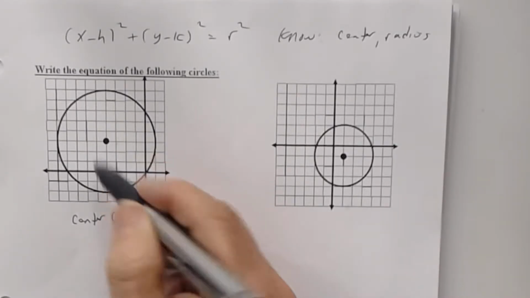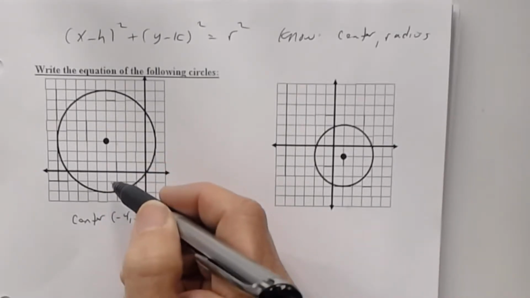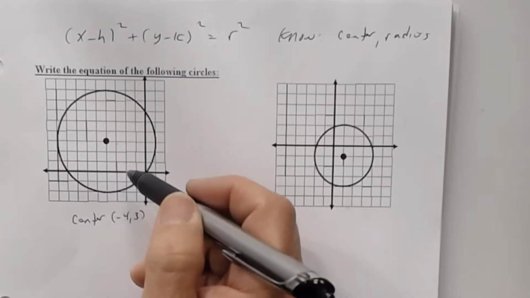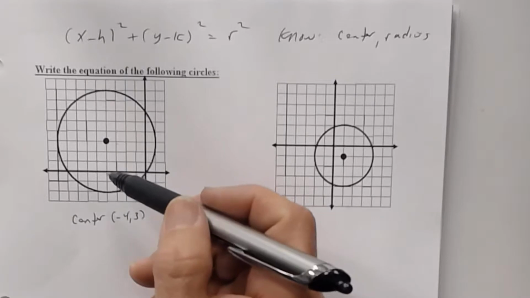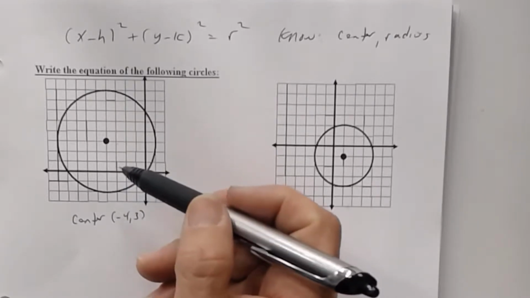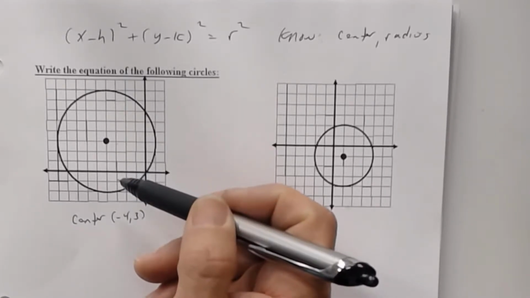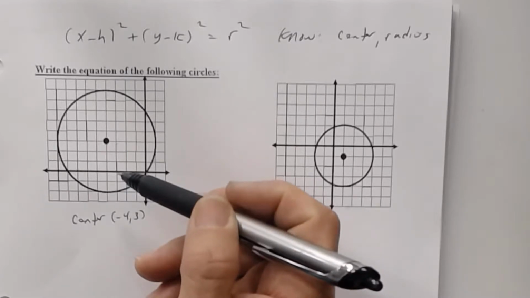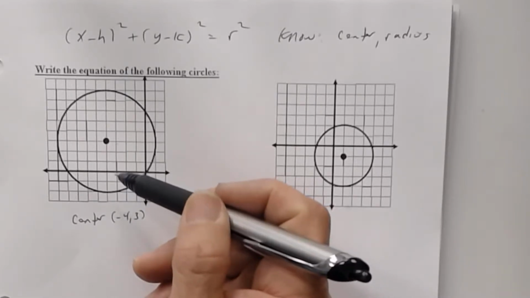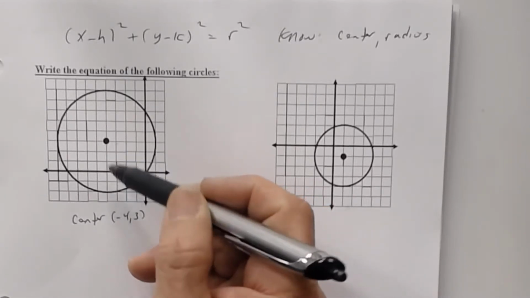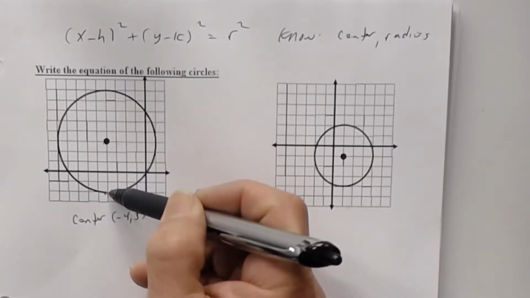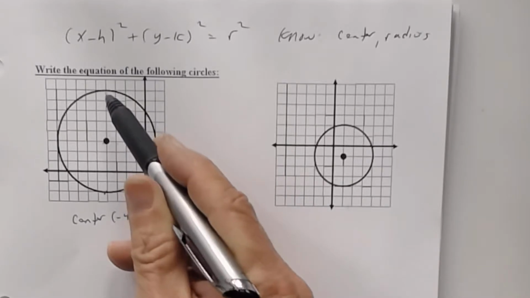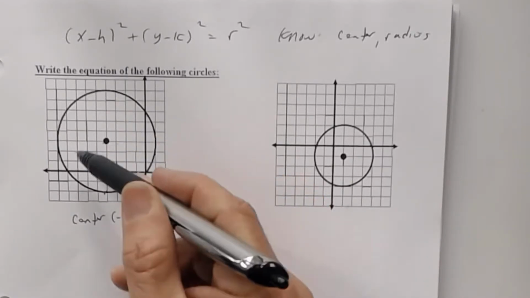Remember, the radius is the distance from the fixed point, the center, to a point on the circle. Going straight down is 5 units, straight up is 5 units, to the right is 5 units, and so on.